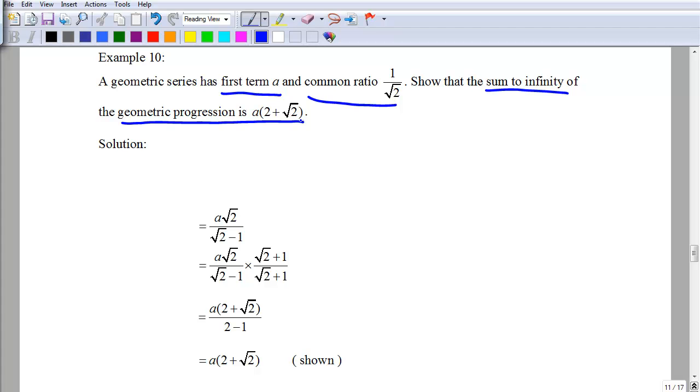So to start off, we will write down sum to infinity is given by a over 1 minus r. So it will be 1 minus 1 over root 2 for the denominator. And we know that the denominator will simplify to a over root 2 subtract 1 over root 2.